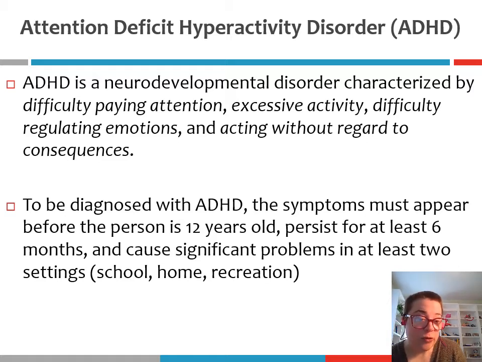And maybe this is also seen during playtime. So maybe children are unable to follow directions outlined in a game they're trying to play or something like that, right? So in order for this to be considered a disorder, you can't just have those symptoms, but they must also be causing considerable difficulty for you in a number of settings.